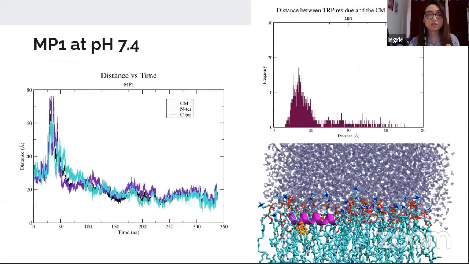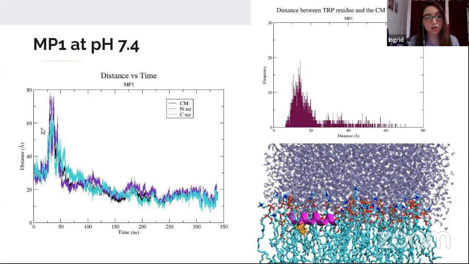So the first result that I'm going to show you is the MP1 at pH 7.4. This lipid bilayer, when it is equilibrated, has a thickness of around 40, 42 angstrom. So I measured the distance of 3 parts of the peptide, the center of mass, the N terminus, and the C terminus, to the center of mass of the bilayer.